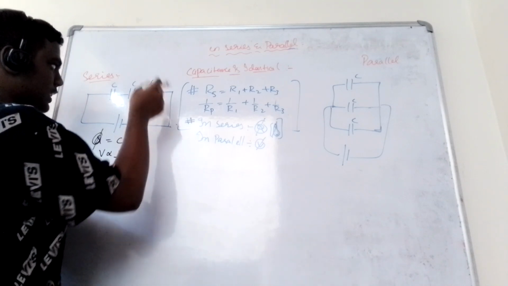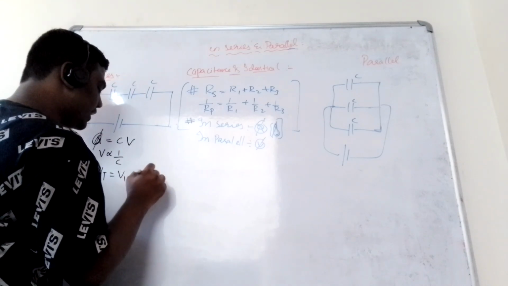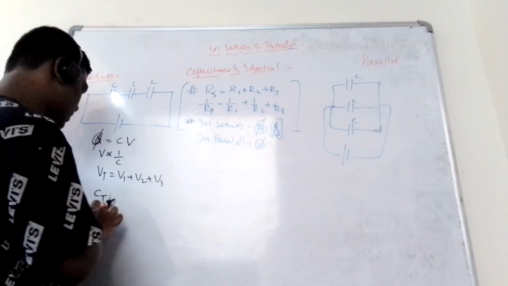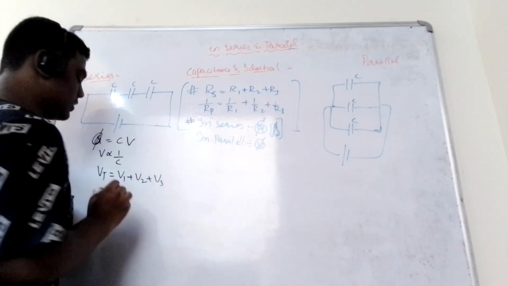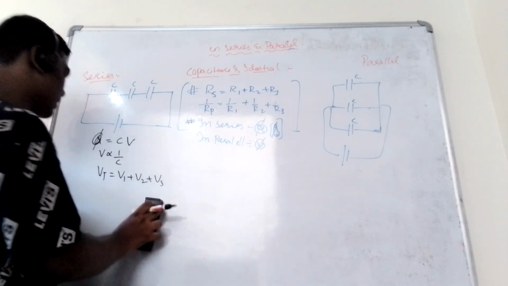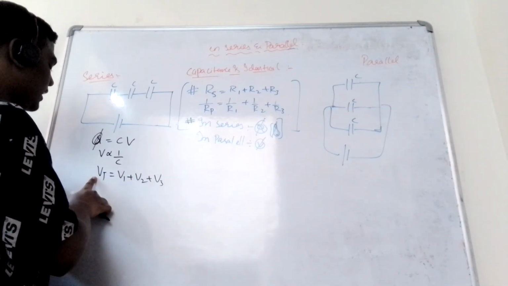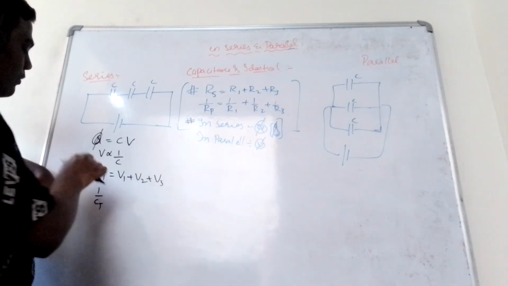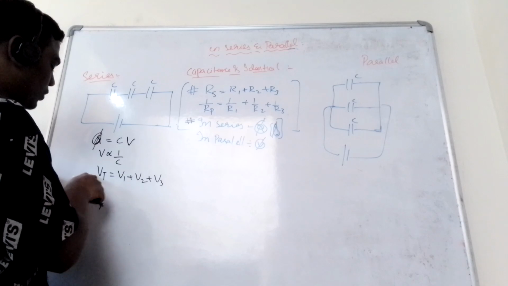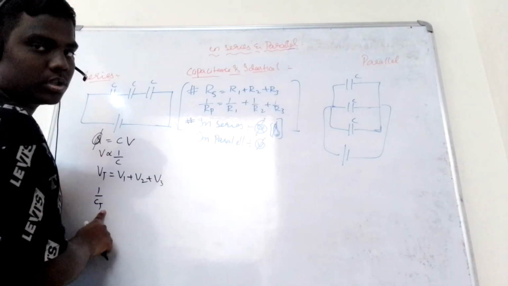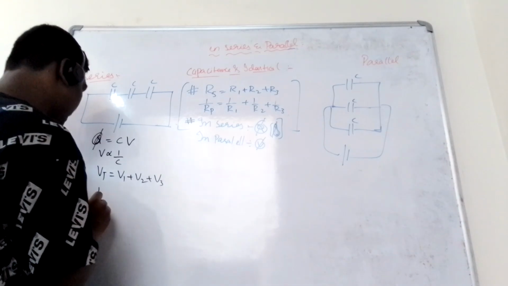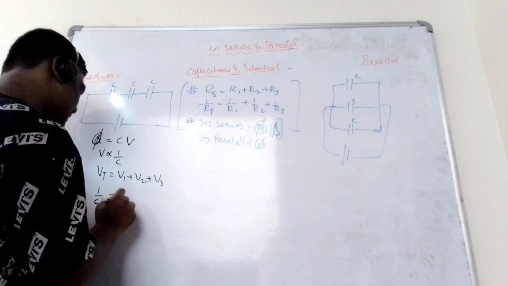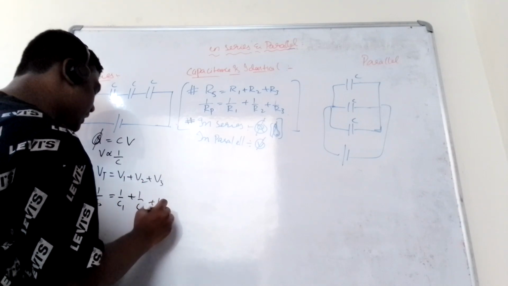Total voltage in this is V1 plus V2 plus V3. So for better understanding, can I write VT, total voltage, as 1 by total capacitance? How? Voltage is nothing but 1 by C. Total voltage is nothing but 1 by total capacitance in series, which is nothing but, in place of V1 I can write 1 by C1, 1 by C2, 1 by C3.